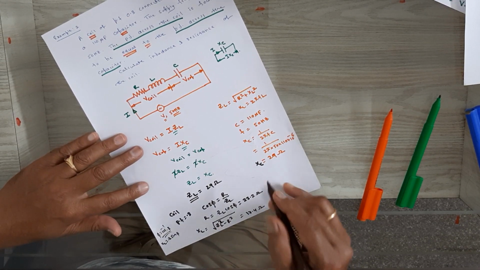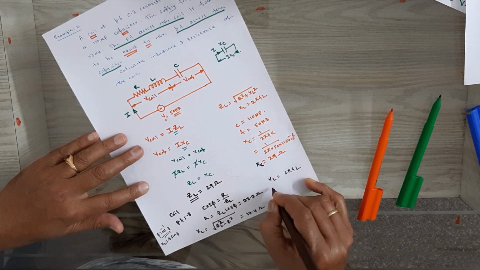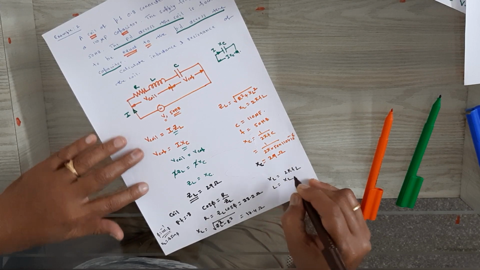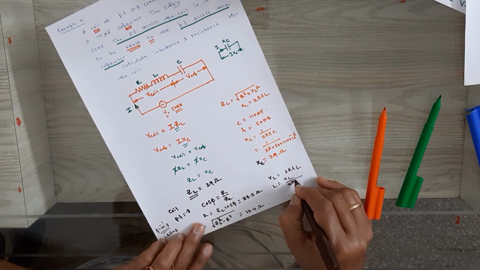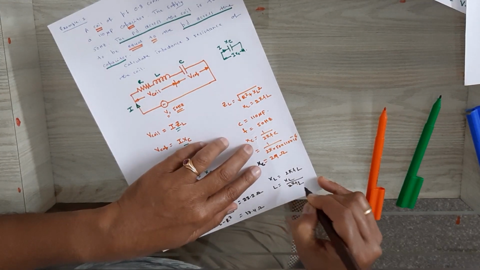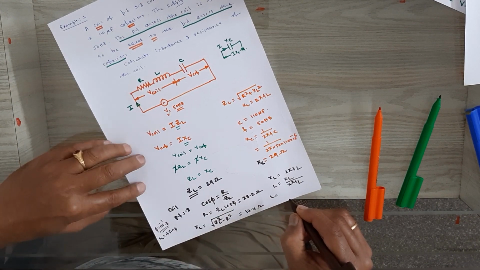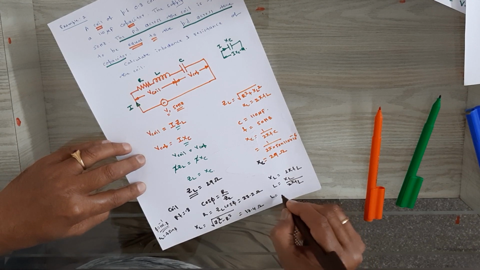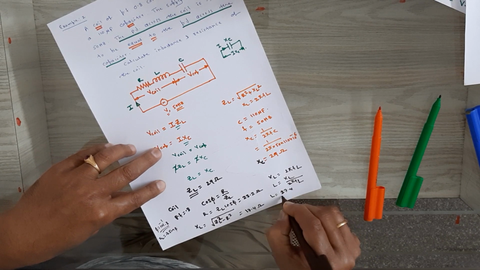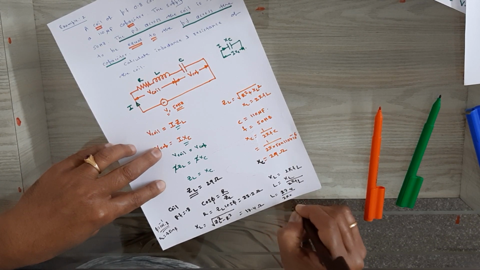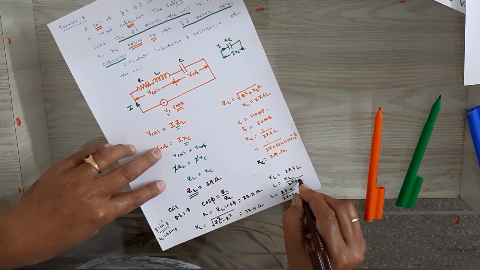Once you know XL, we know the formula XL is equal to 2 pi FL. Therefore, L is equal to XL divided by 2 pi F. Substitute all the values here. L is equal to the value of XL, 17.4 ohm, divided by 2 pi into F, which is 50.